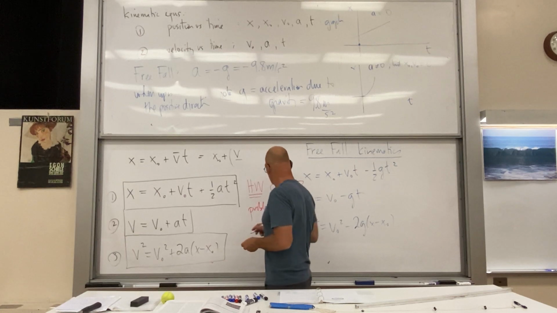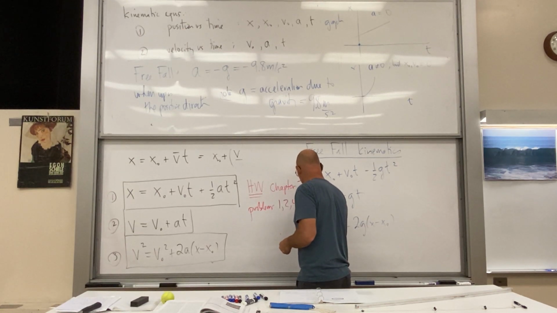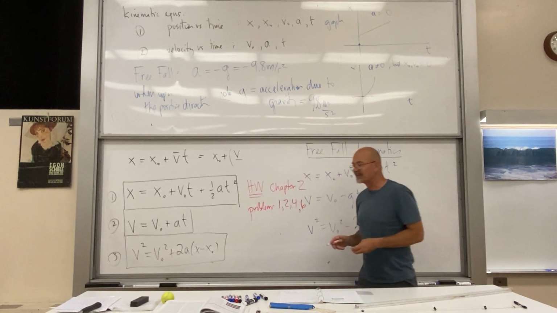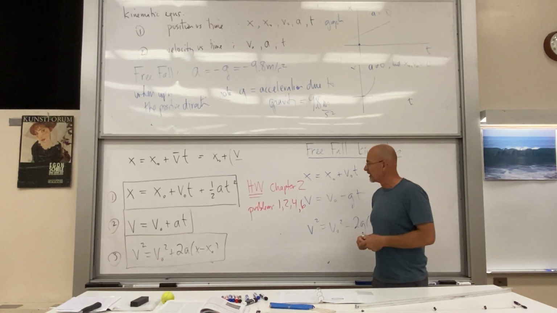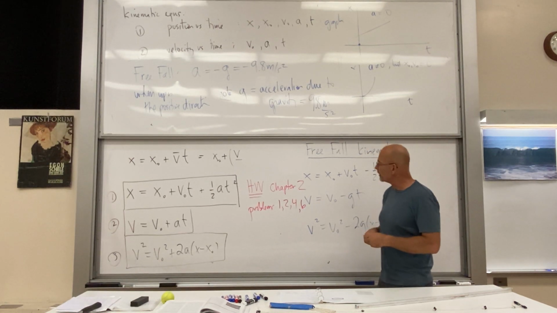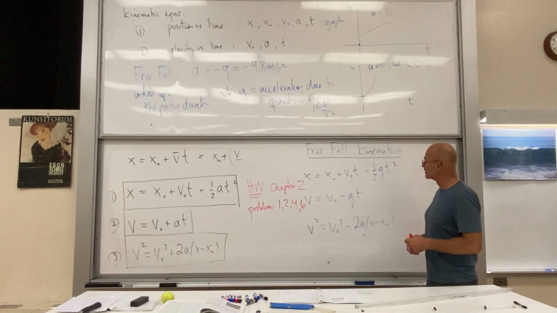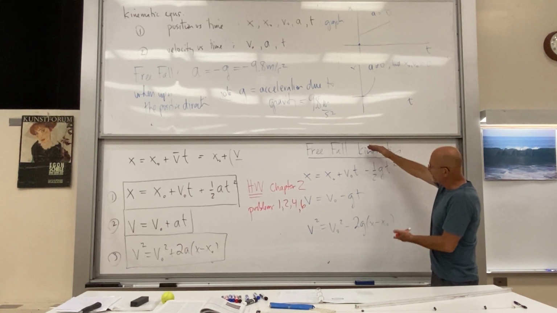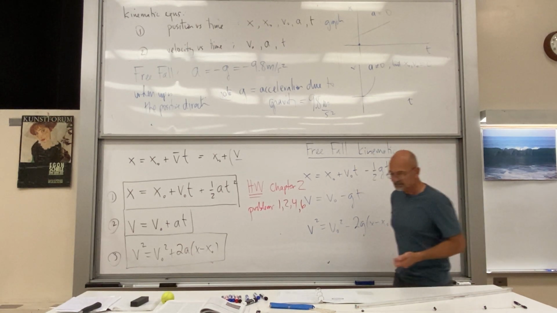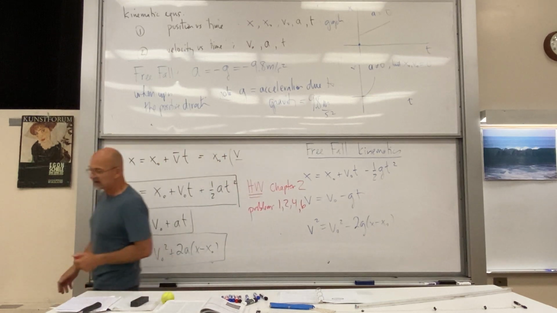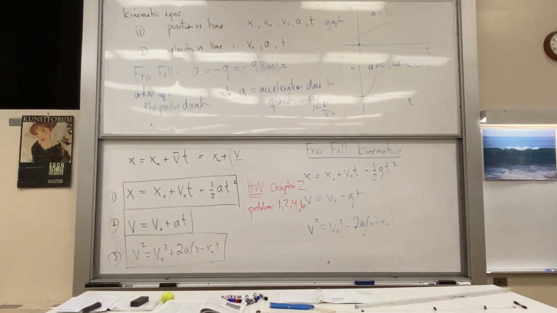Number 6 is good. Number 6 involves some graphing. So 1, 2, 4, and 6. Have a look at those. And next time we meet, next lecture, we're going to analyze these things very thoroughly.